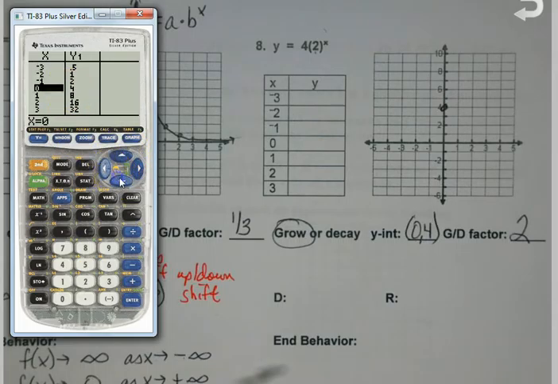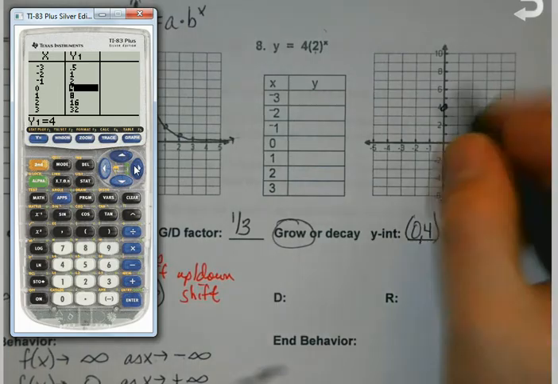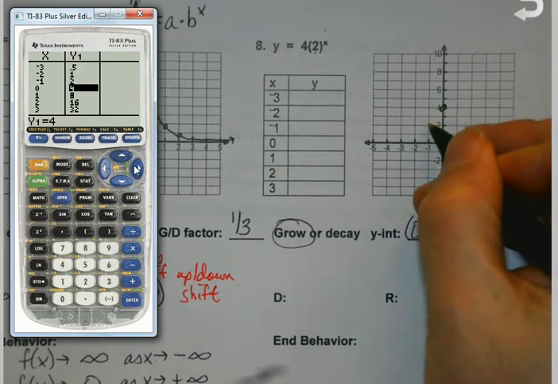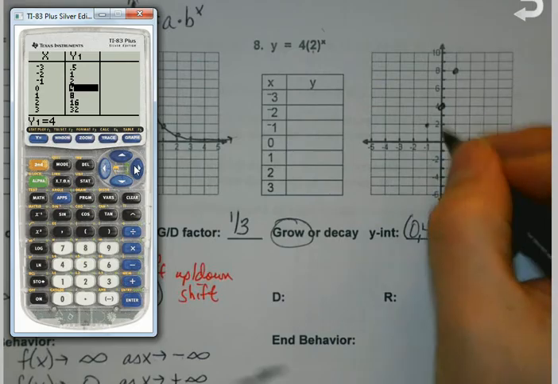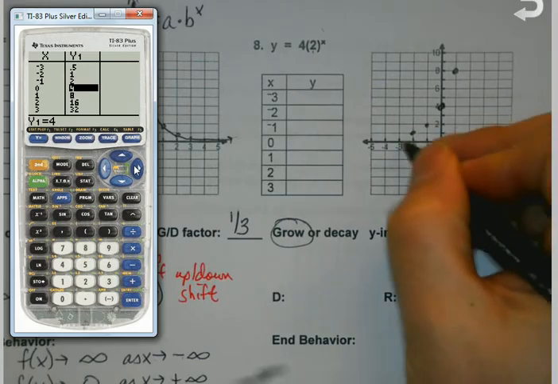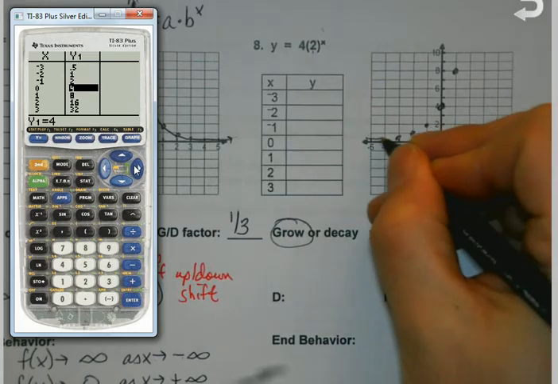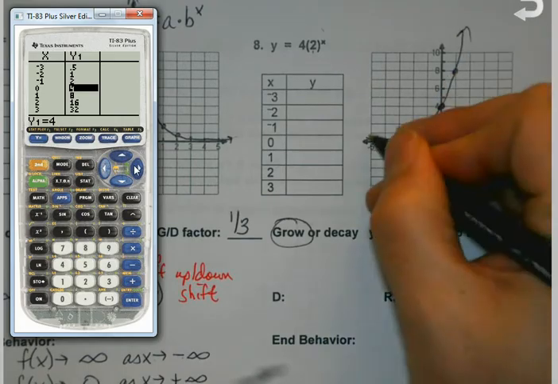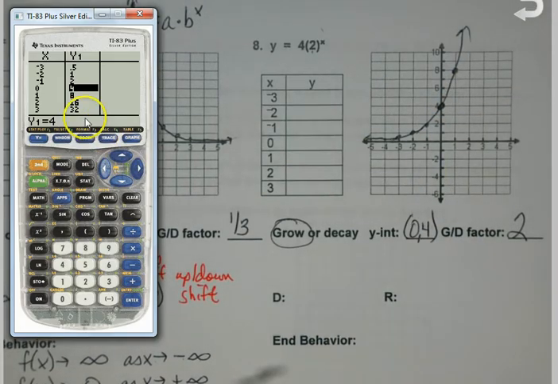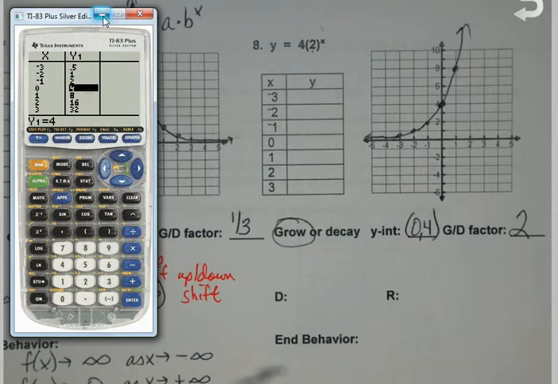There's my y-intercept, just like it should be. And I'm actually going to get a few more points in this time, so that's nice. And again, you don't have to use every single point, but just keep reminding yourself, my graph is not going below the axis because there's no up or down shift going on here.